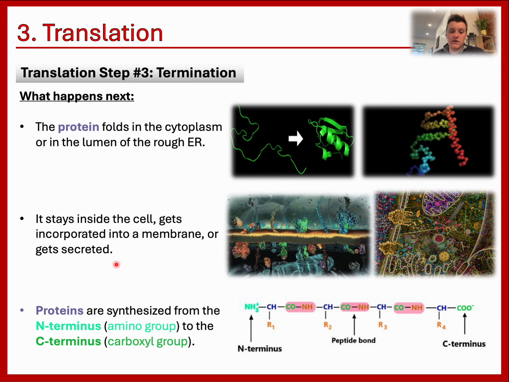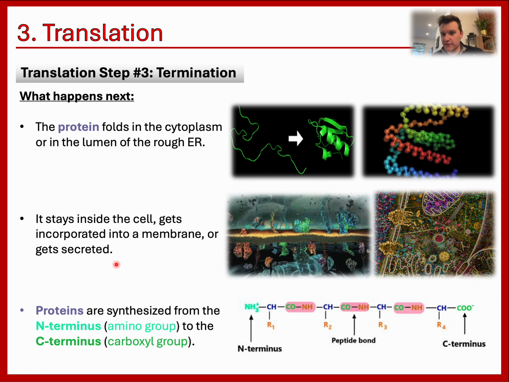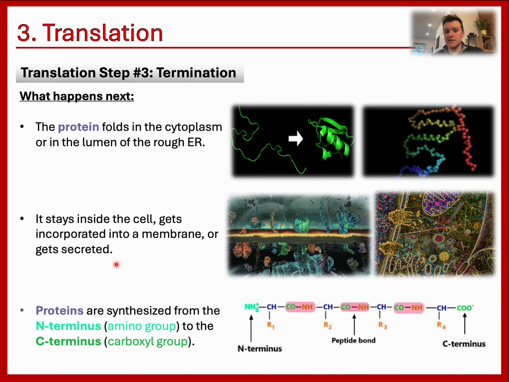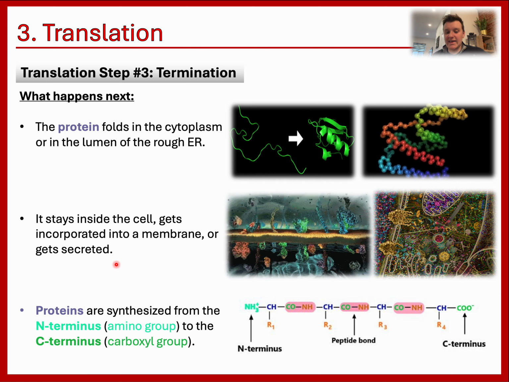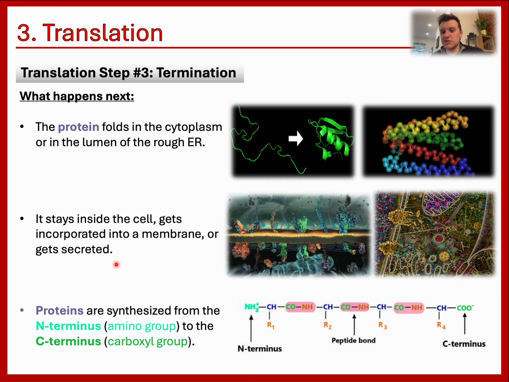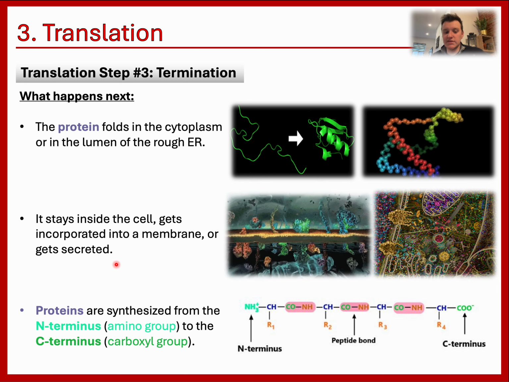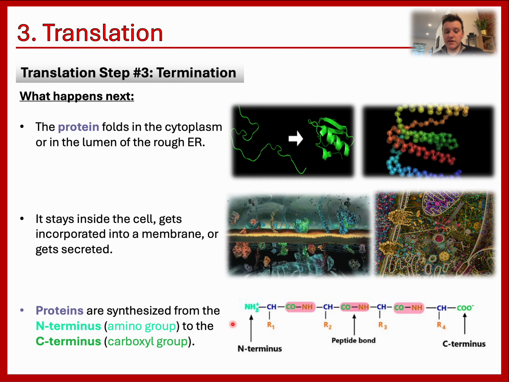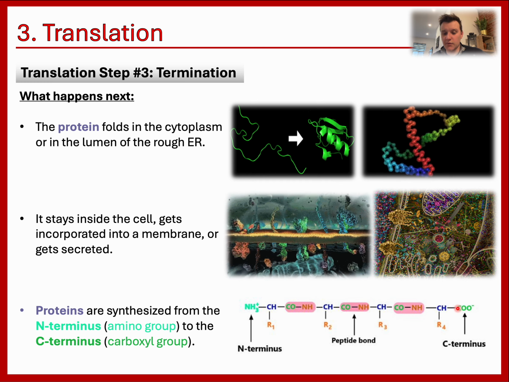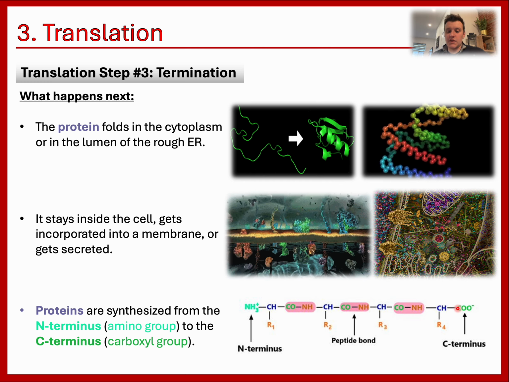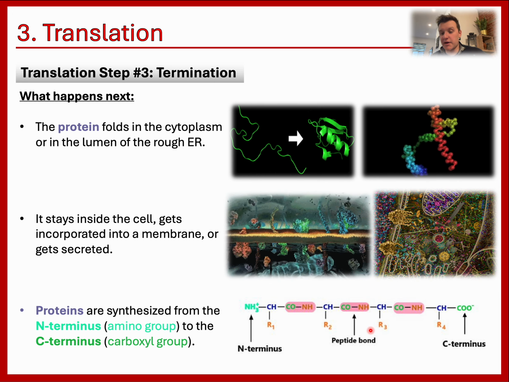So you really want a nicely folded protein of the proper sequence from the DNA to the mRNA to the protein, and then you want to fold it properly, and you want to get it to where it needs to go. And remember, the Golgi apparatus and a couple other organelles get it to where it wants to go. So proteins are synthesized from the N-terminus amino group to the C-terminus carboxyl group, right? And you're going to end up having this nice bunch of amino acids linked by peptide bonds.